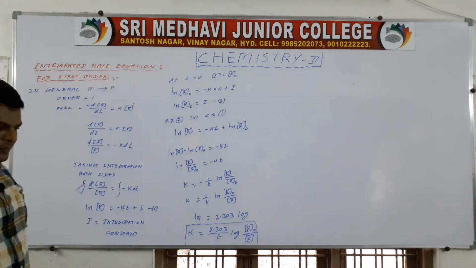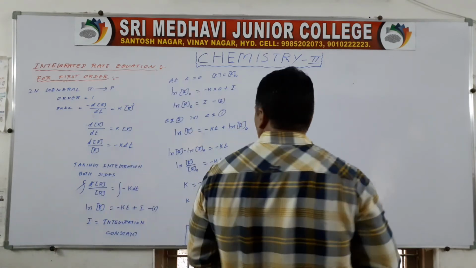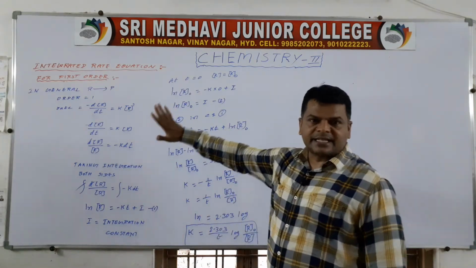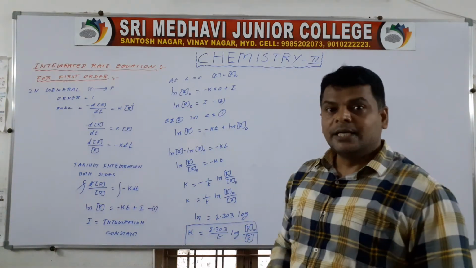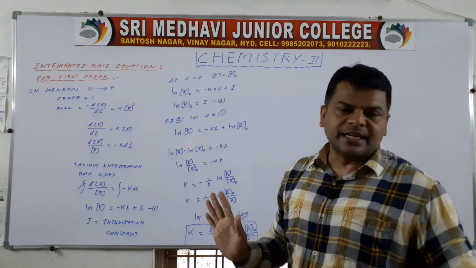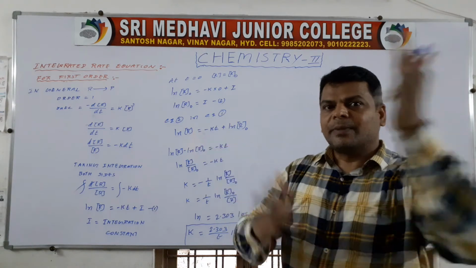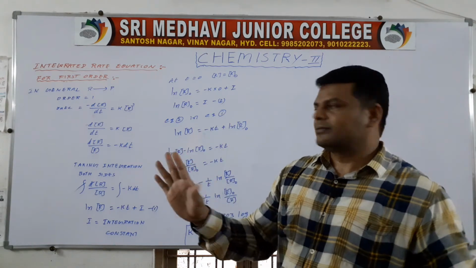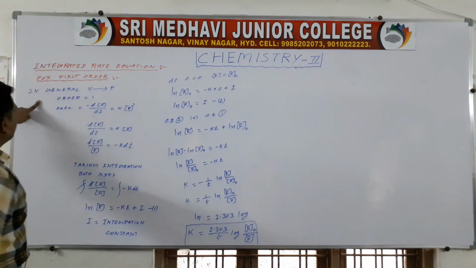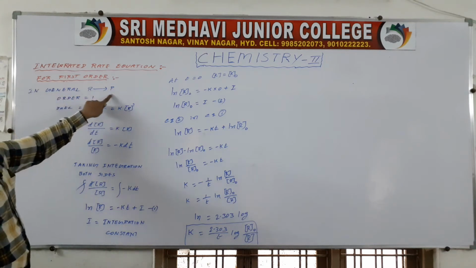Understand? Once again I am explaining this especially for BPC students who don't know integration and differentiation. Integration means combining, differentiation means dividing; combining and dividing cancel. In general for first order, R gives rise to products.